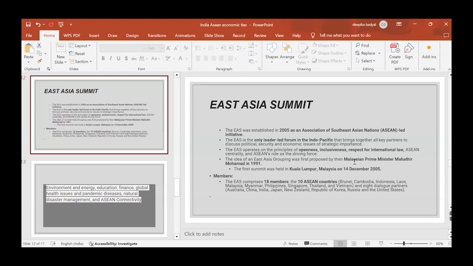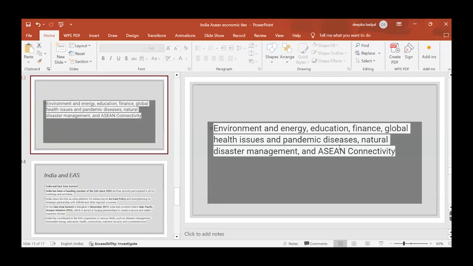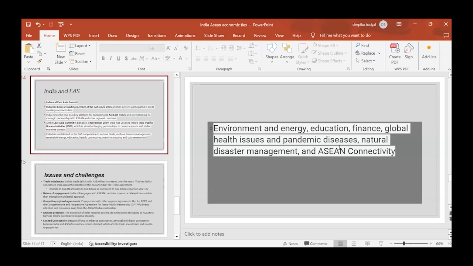The EAS operates on the principles of openness, inclusiveness, respect for international law, ASEAN centrality, and ASEAN's role as the driving force. Now, environment and energy, education, finance, global health issues and pandemic diseases, natural disaster management, and ASEAN connectivity are its goals.